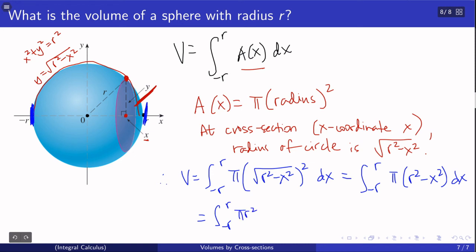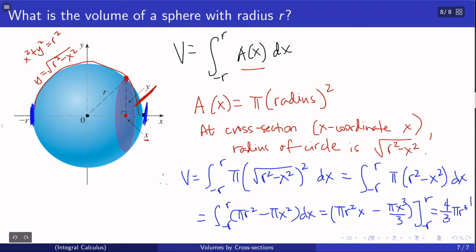This should be pi r squared minus pi x squared. You can do this yourselves, but what you'll get eventually is what you'd expect. r is a constant, so it's pi r squared x, and then minus pi x cubed over 3, and you're evaluating everything from minus r to r. And it's easy to check here that you will get the formula for the volume of the sphere.